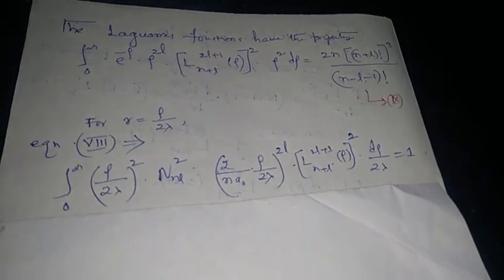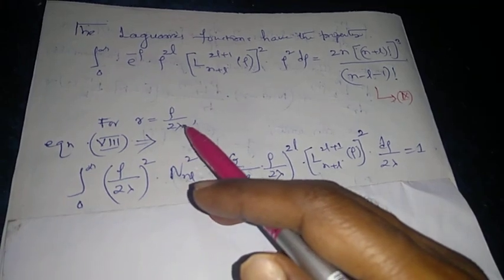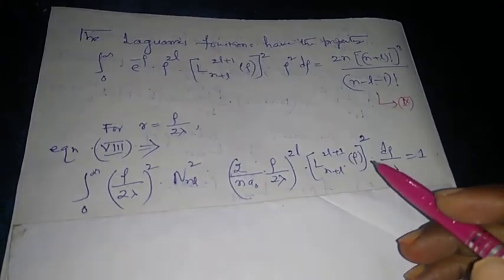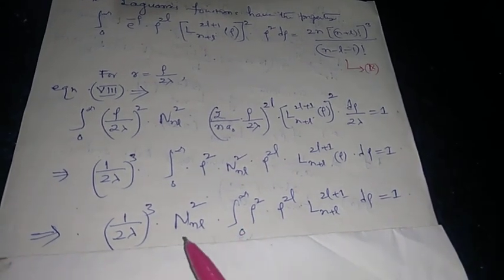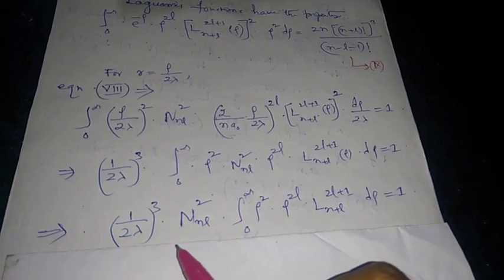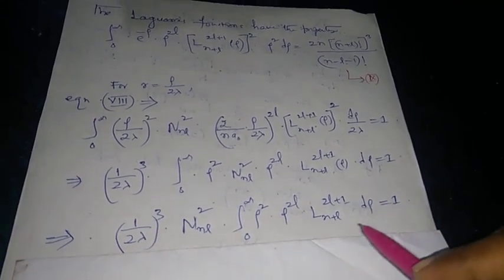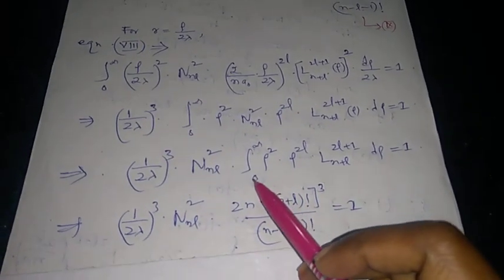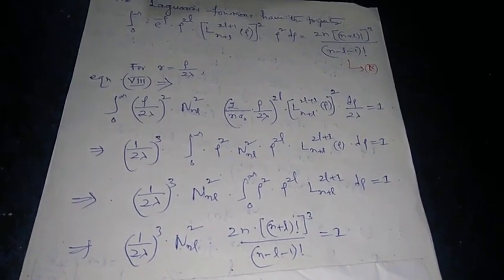So if you write equation number 8 for r equal to rho by 2 lambda, we get this integral. This can be written with these constants outside and then the integral like this equal to 1. But from equation number 9, this integral should be equal to the right-hand side of equation number 9.